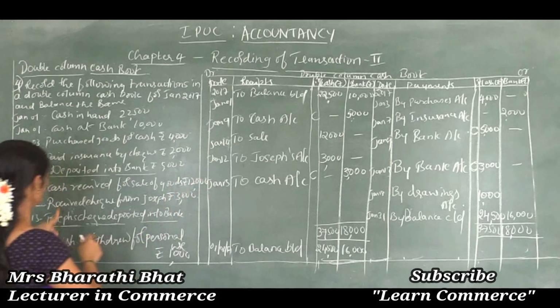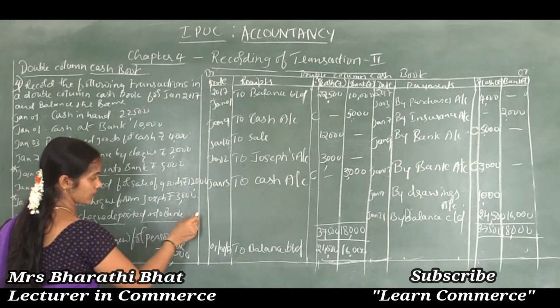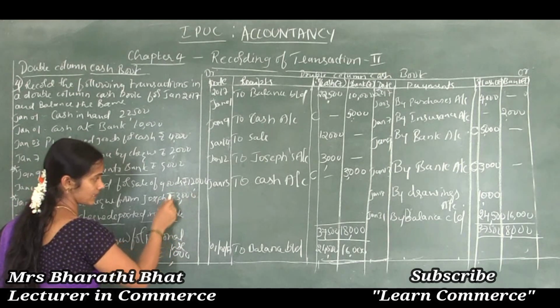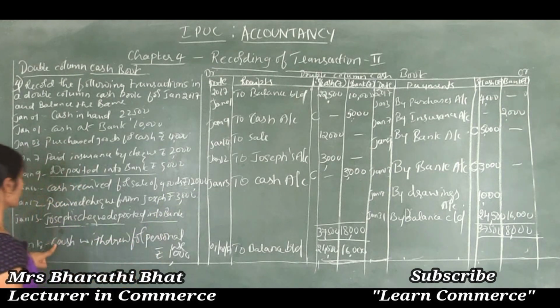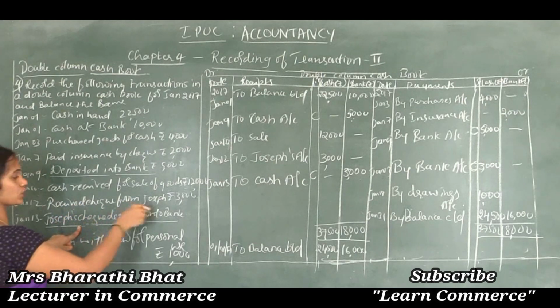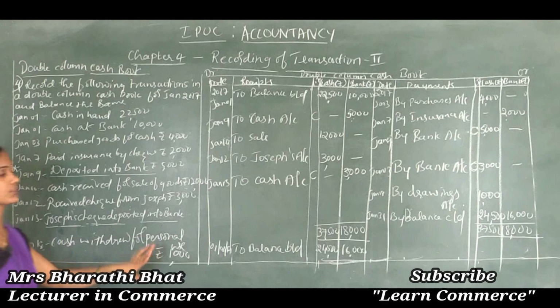Then, Joseph's check deposited into bank: the amount is not given here, so you should consider the previous transaction's 3,000. Then it is considered a contra entry because you are depositing cash into your bank. Next one, cash withdrew for personal use, drawings.